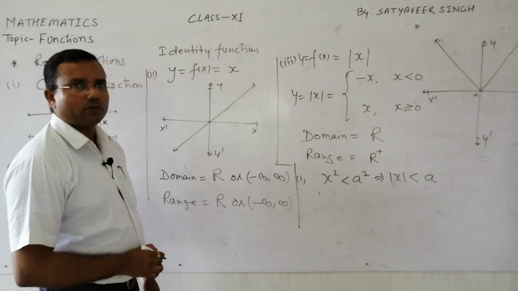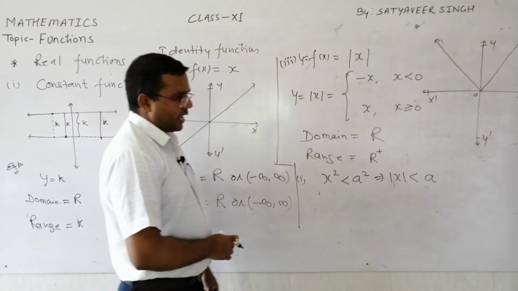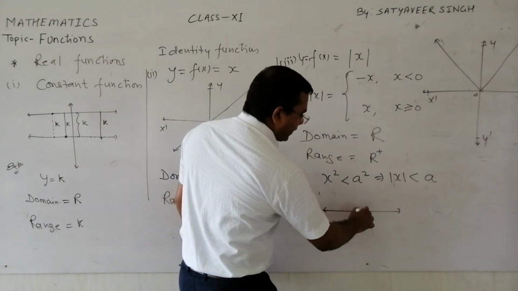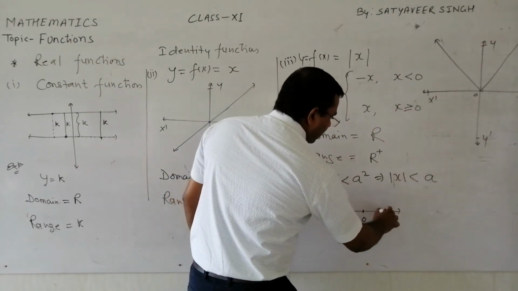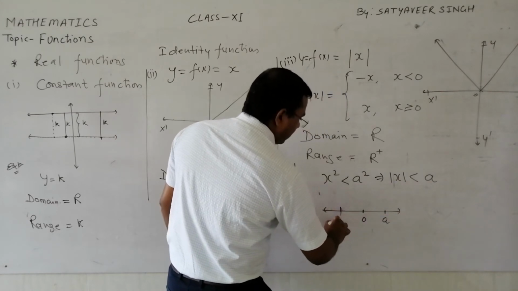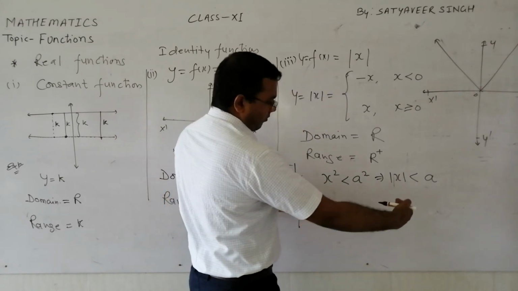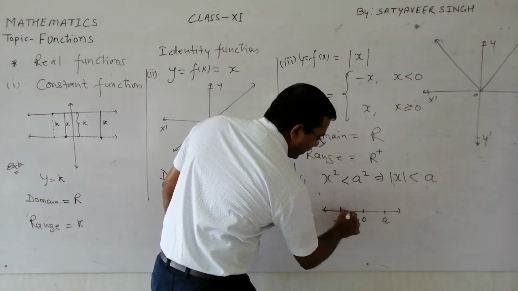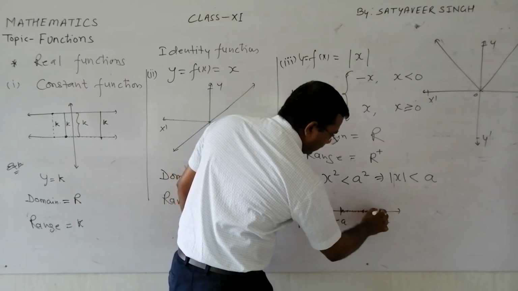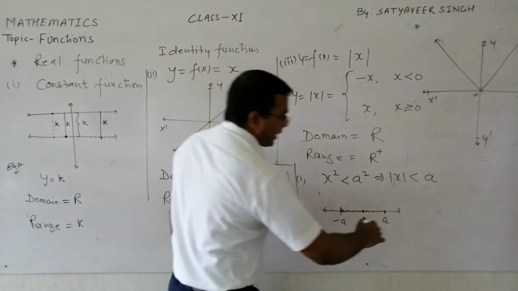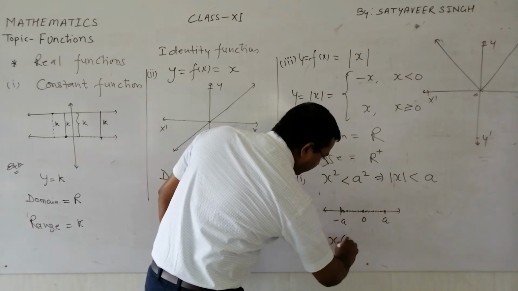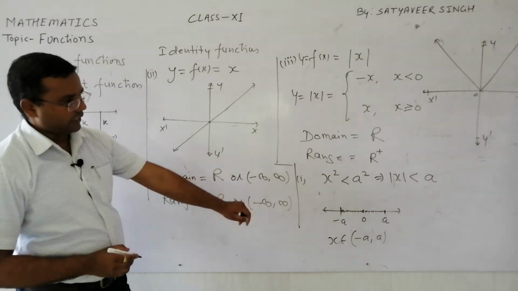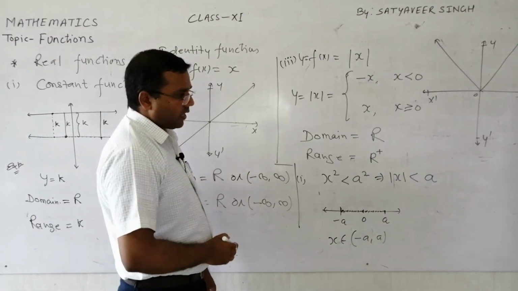On the real line, graphically, we are talking about a distance between the interval minus a and a, this particular part. So we can write that x belongs to (minus a, a).